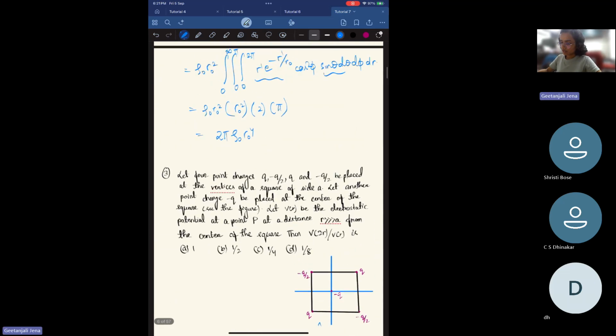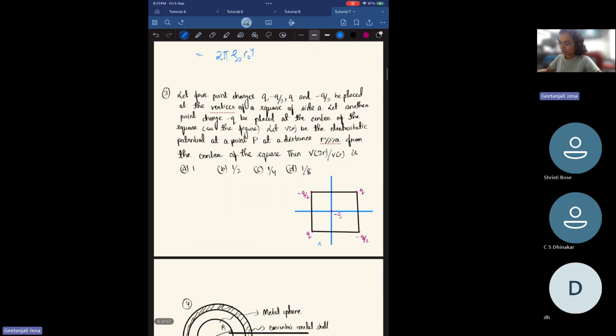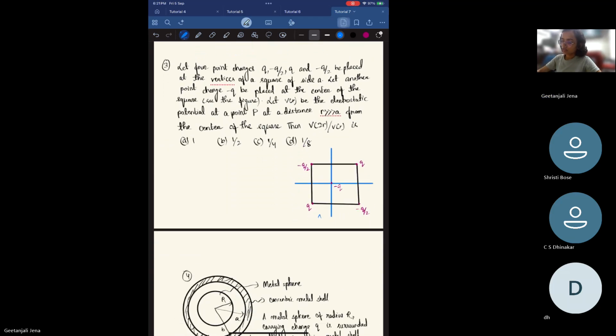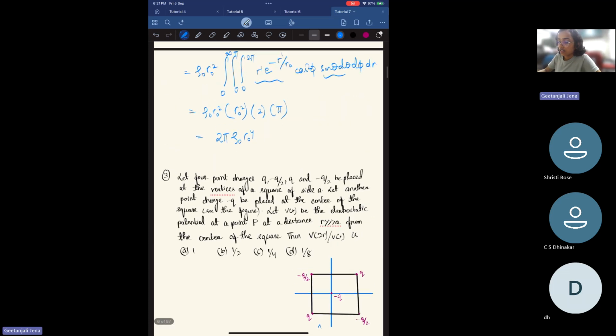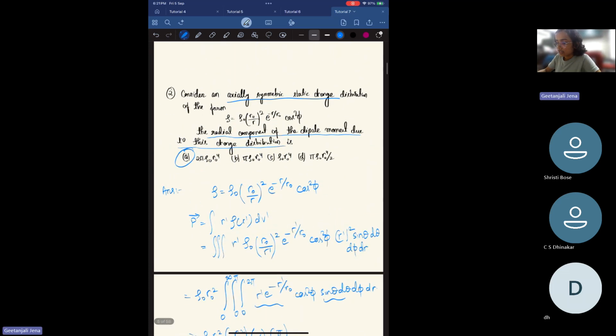Okay, so let us move to question number 3. It's based on the multipole expansion. So the radial limit was not given.